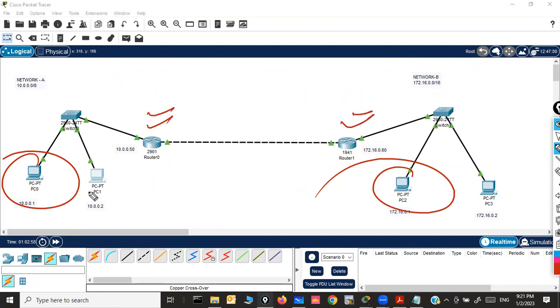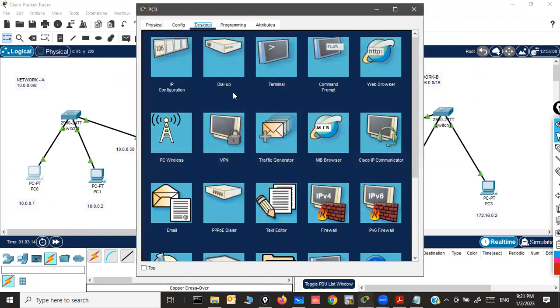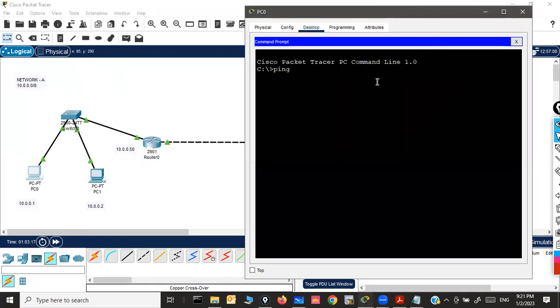I will talk about that. Plus, host devices should all have the gateway IP configured. And in this example, what is the gateway IP? 10.0.0.50. So even if I don't configure the gateway and I try to communicate from this computer to this machine, 10.0.0.2, no problem.